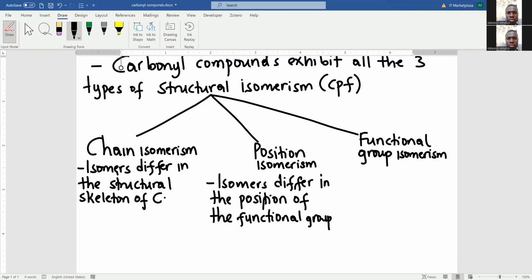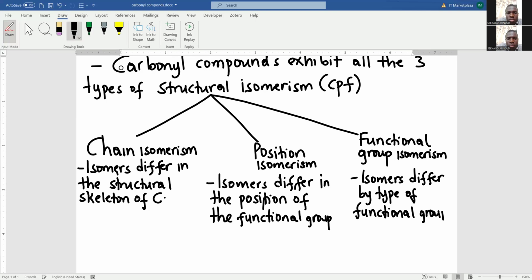Then functional group isomerism, here isomers differ by type of functional group.